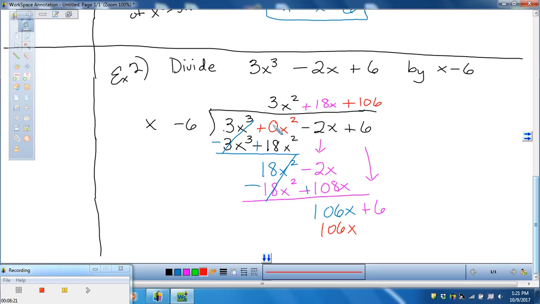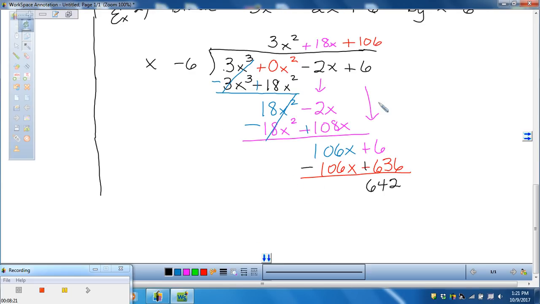It is 636, and that'll be a minus because it was a minus. Changing both of our signs, so this becomes a minus, this becomes a plus, so 636 plus 6 is 642. So notice this time that we have a remainder.